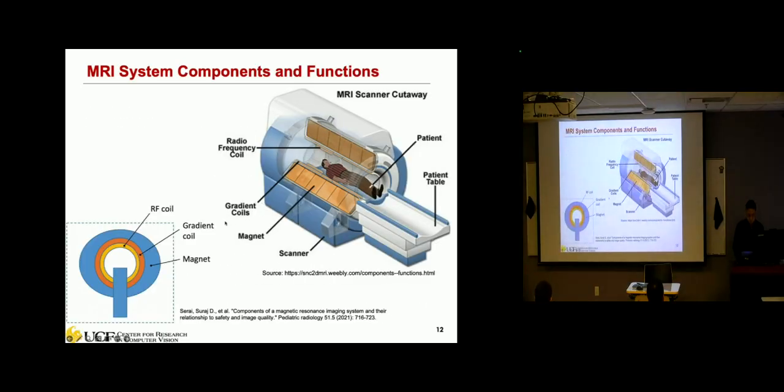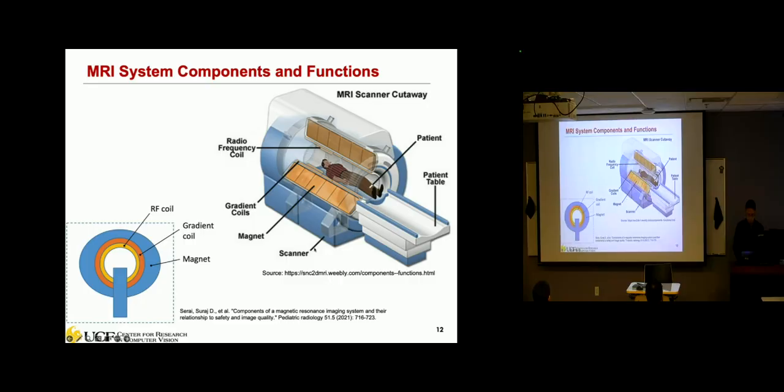This figure shows the basic system components and their functions. For this MRI system, we have the radio frequency coil to generate the radio frequency. We also have the gradient coils, which do the spatial encoding of the XYZ position. And we have the magnet to generate the strong magnetic field.